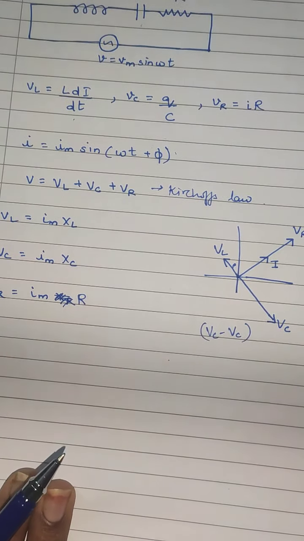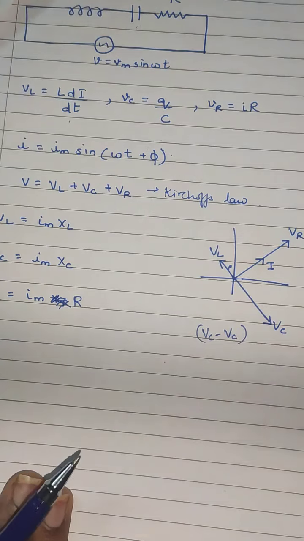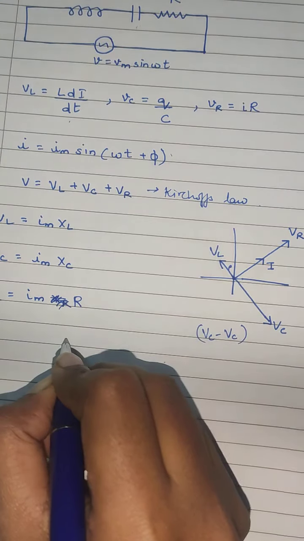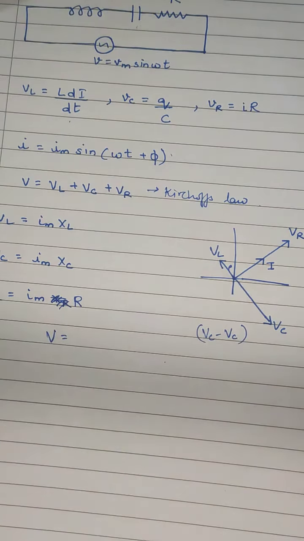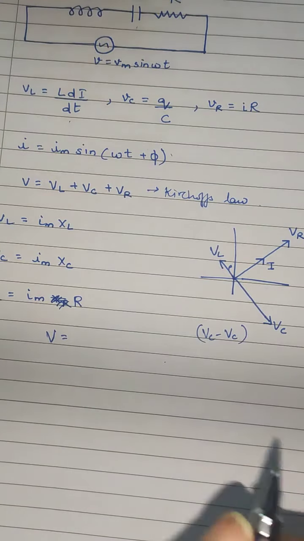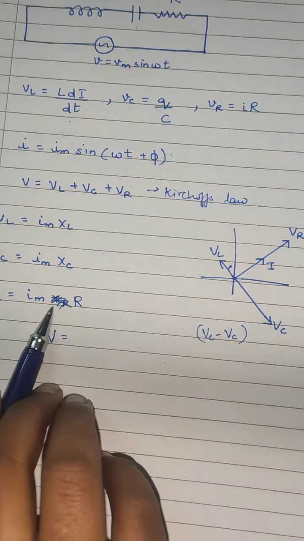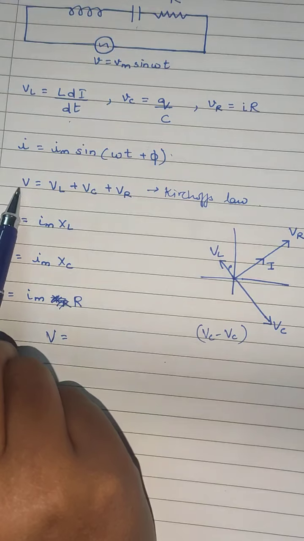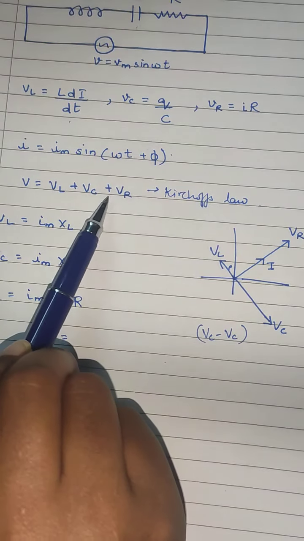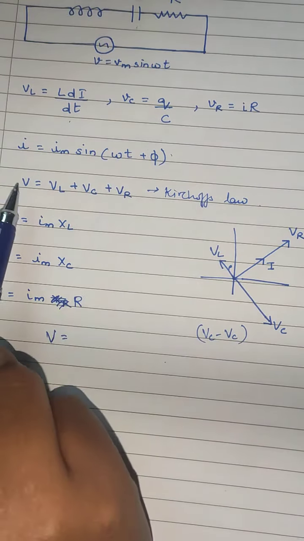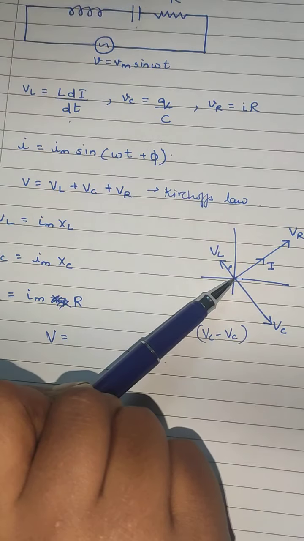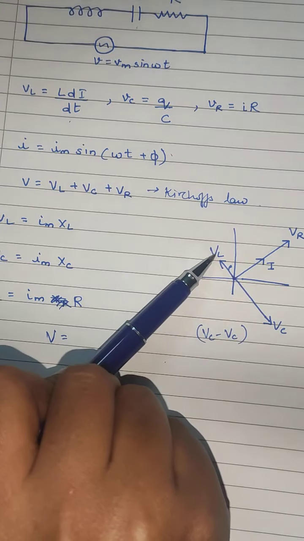Okay, so when I write my total potential, total voltage, how much will that be? Initially we knew that V is equal to VL plus VC plus VR. So total voltage is equal to VC plus VR plus VL.